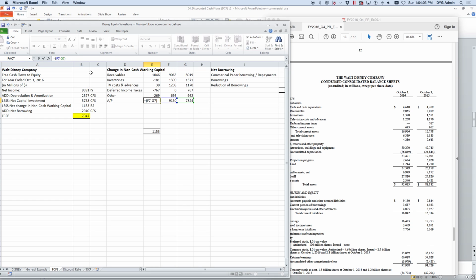So we'll put a minus in front of that. And then we're going to take not the current portion of borrowing, but the unearned royalties and other advances, and we'll just call that other liabilities. Just like we'll change this one to other assets.